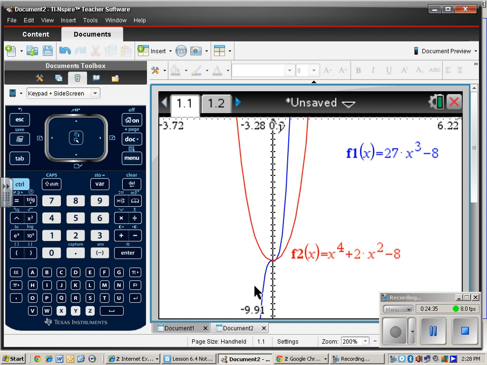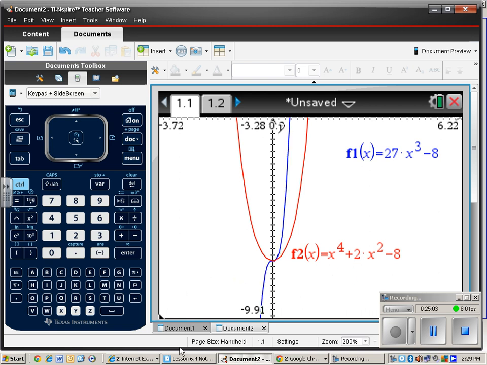I graphed that first, and then I graphed at the same time, and it took more time than I wanted to take. So I want you to take my word for it. When you look at this graph, it's only going to cross the x-axis once because there's only one real solution. But down here, that little crook right there is because of the imaginary solutions that are occurring somewhere else in the graph. Okay?